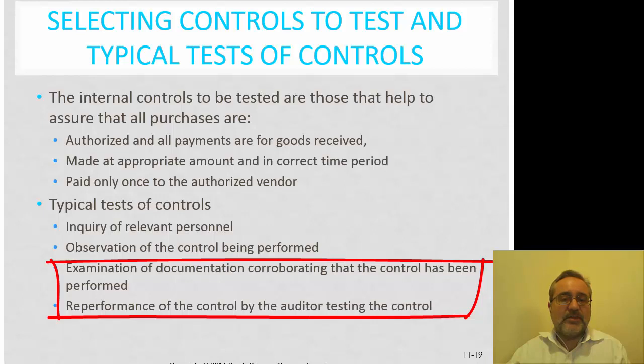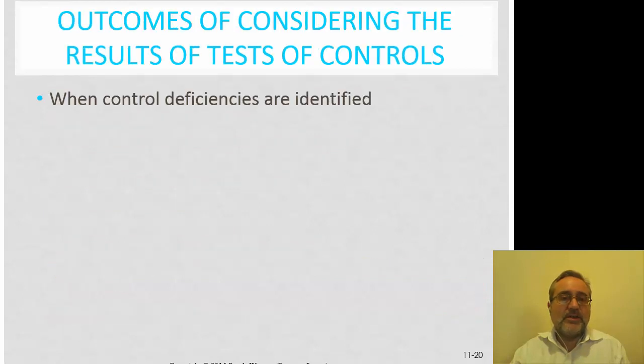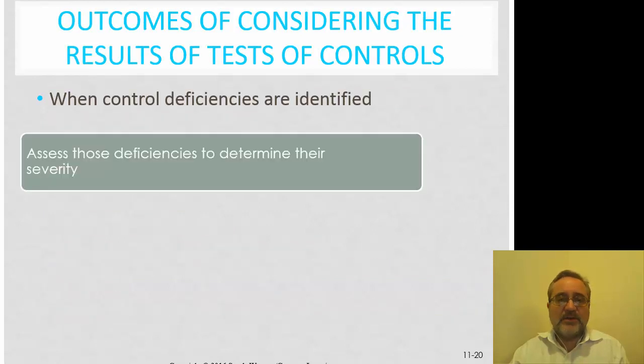In attribute sampling, what we're looking for is the specific attribute on a document that validates that the control process was working appropriately. Reperformance is also another test of control, and the auditor in this case is going to be looking at the process and determining from his or her reperformance that controls are operating effectively.